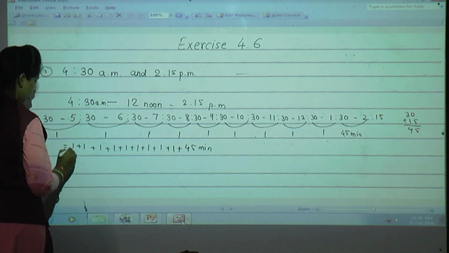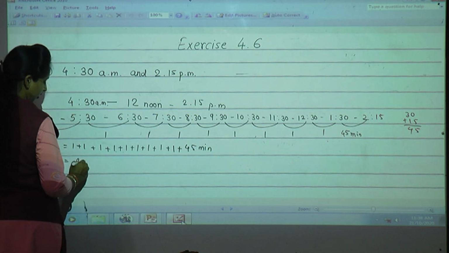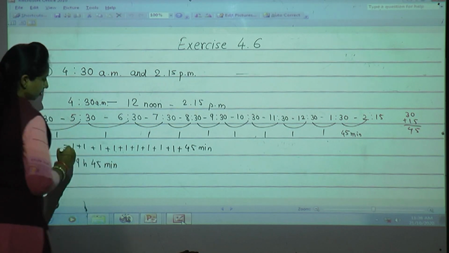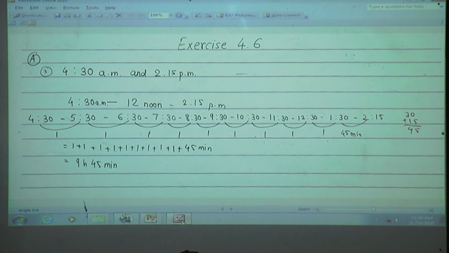So what is the answer here? 9 hours 45 minutes. Clear? Yes? Is that clear? Yes. But now shall we solve in the second way, with method number 2?